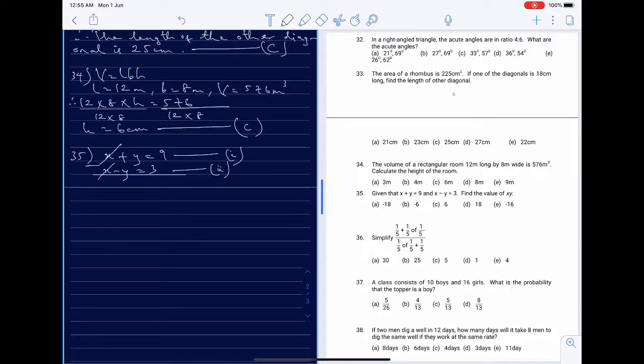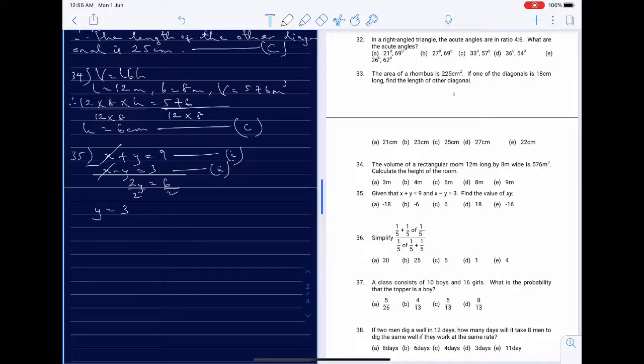That will be out. y minus minus y, which means minus times minus is plus, so that's y plus y, and that's 2y. 9 minus 3 is 6. Now we divide both sides by 2 to get y.